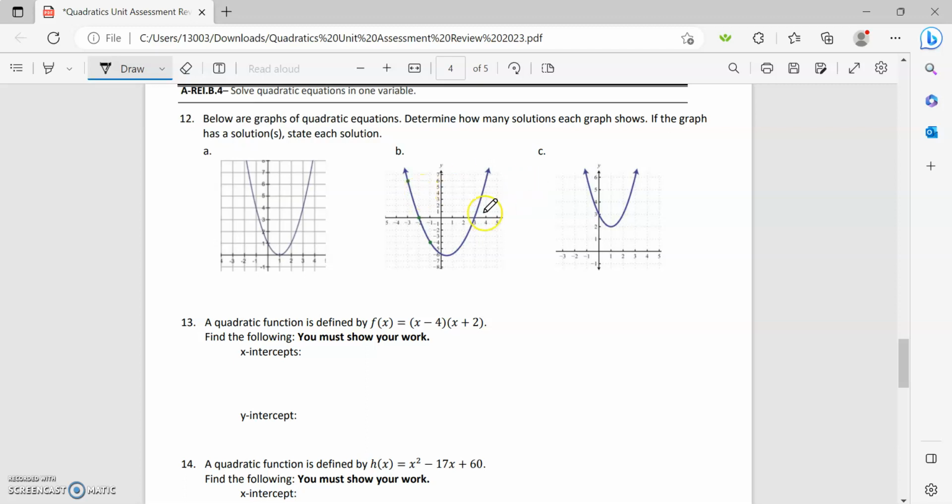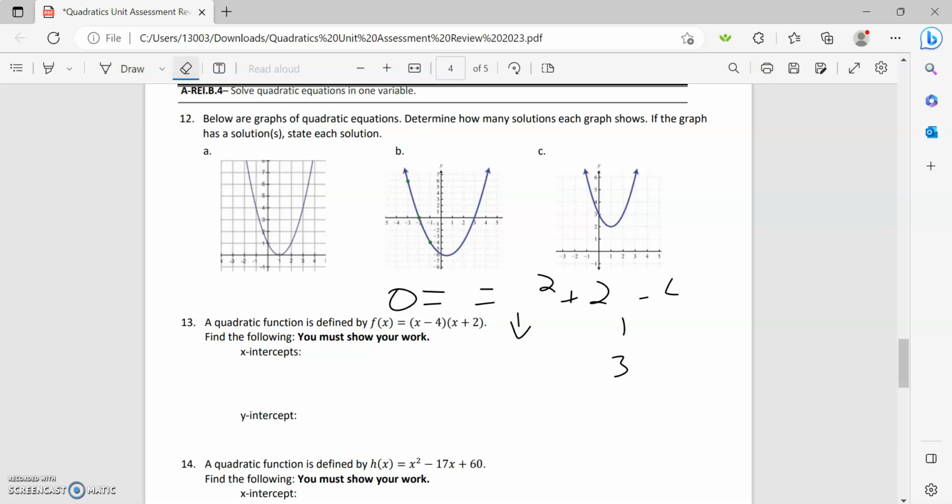In other words, if I plug in 3, let's look at B, it's the best example we have. If I plug in 3 for x, I get 0 for y. So if I had y equals x squared plus 2x plus 4, whatever it is, what's going to happen is if I plug in 3 for all my x's here, I should get 0 out on the other side.